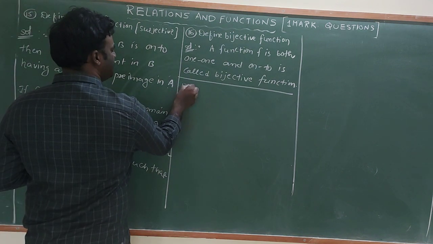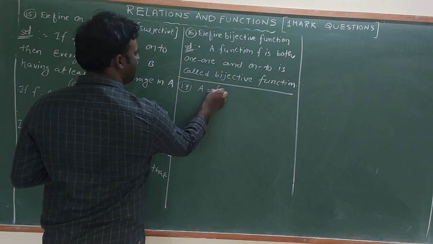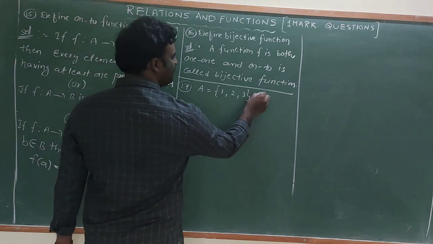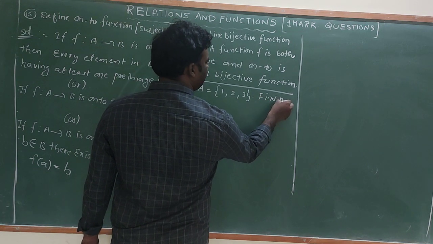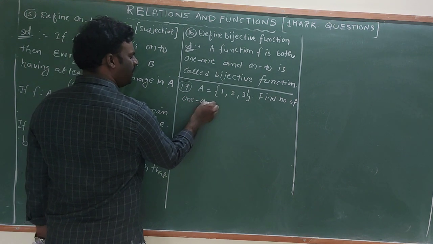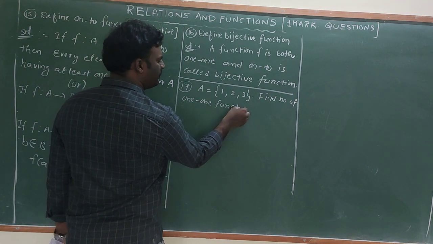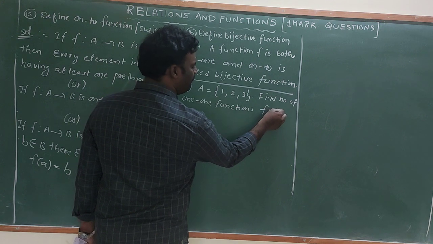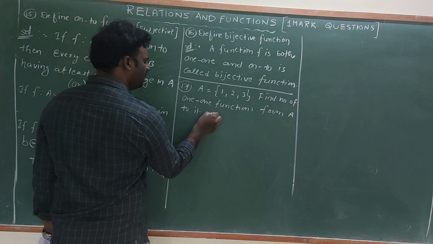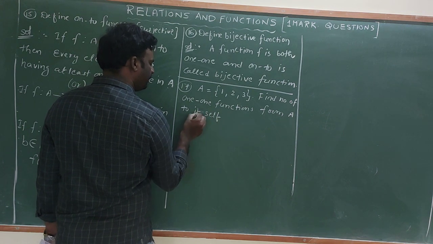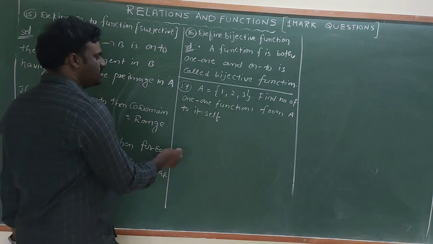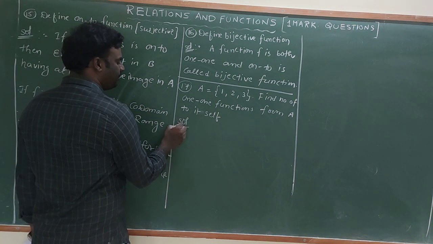Next, 17th question. They gave the set A equals {1, 2, 3}. The question is: find the number of one-one functions from set A to itself. So this set contains 3 elements.